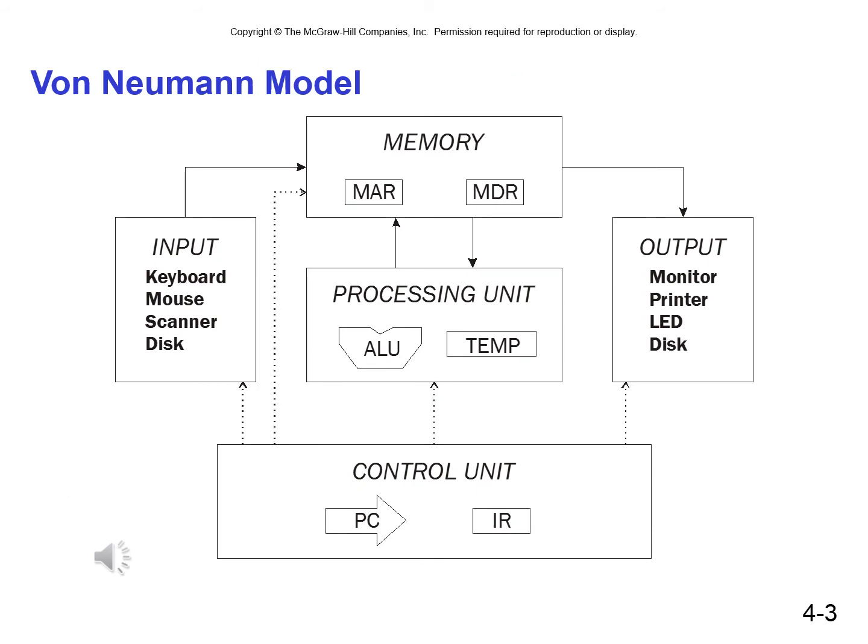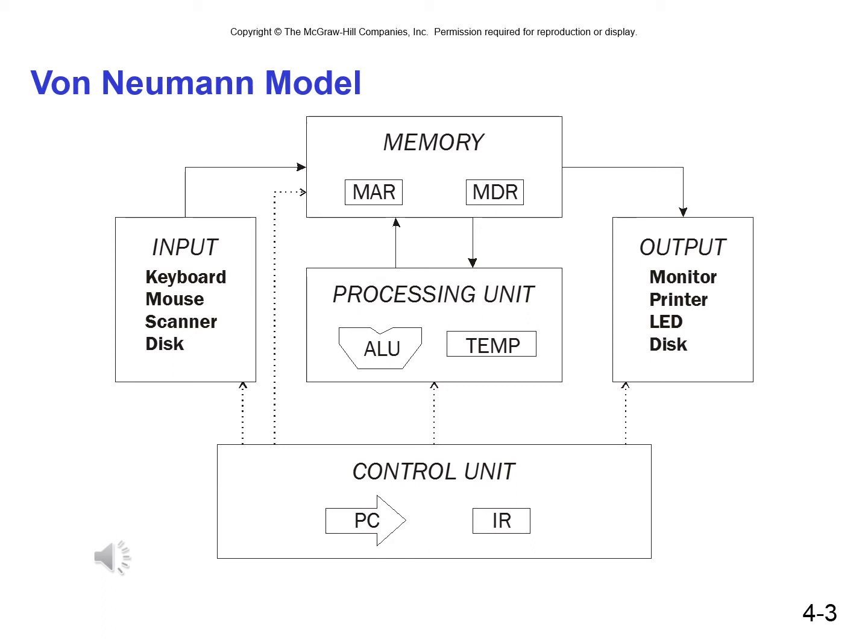In this diagram, we take the three components of the von Neumann model: memory, processing unit, control unit, and we include the contemporary names of components within those categories.